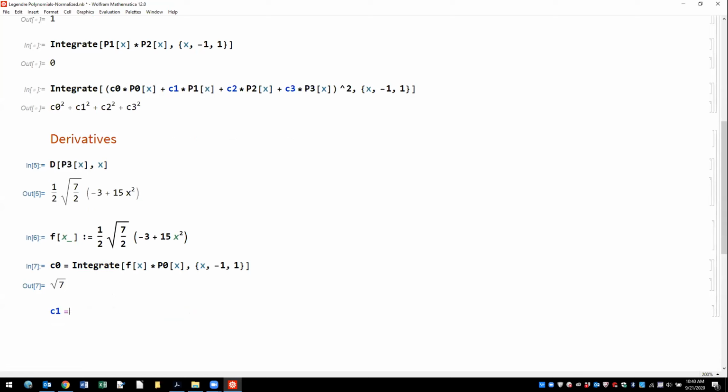And c1 is the integral of f of x times p1 of x from -1 to 1.